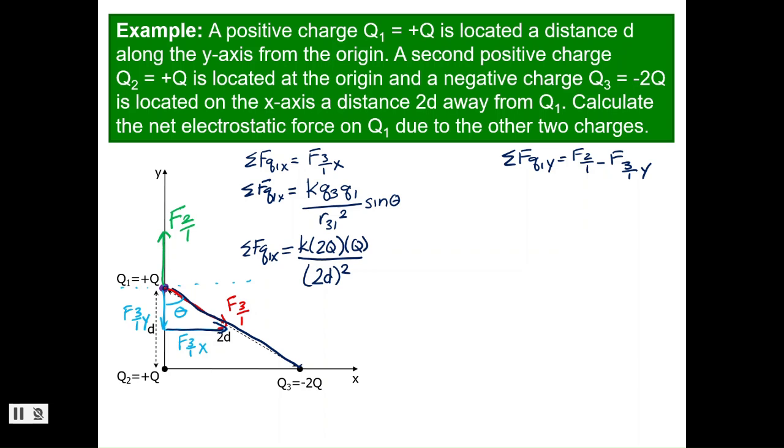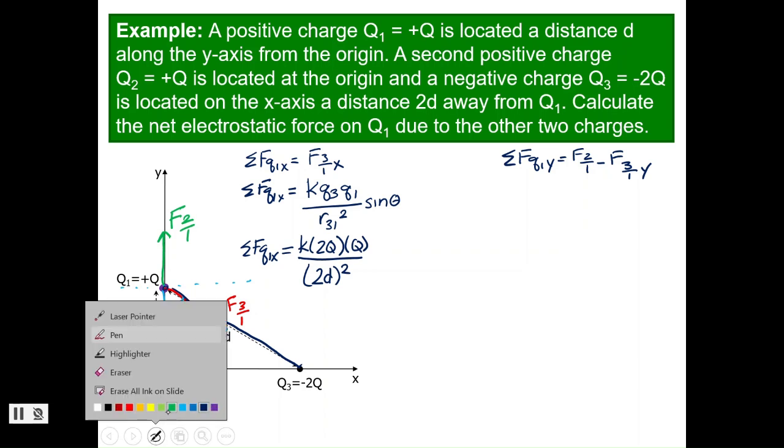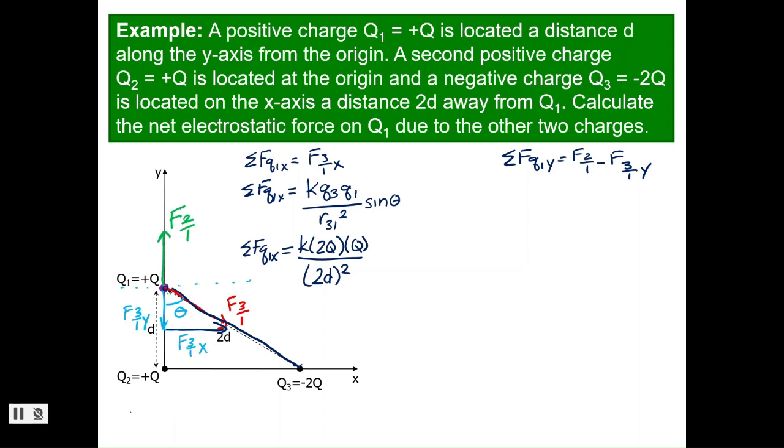And then I need to find sine theta, and there's a lot of different ways to do your trig, but what I'm going to do is a Pythagorean theorem with this triangle right here made by D, 2D. I'm going to call that X for right now. So I'm going to have that x squared plus d squared is equal to 2d squared.